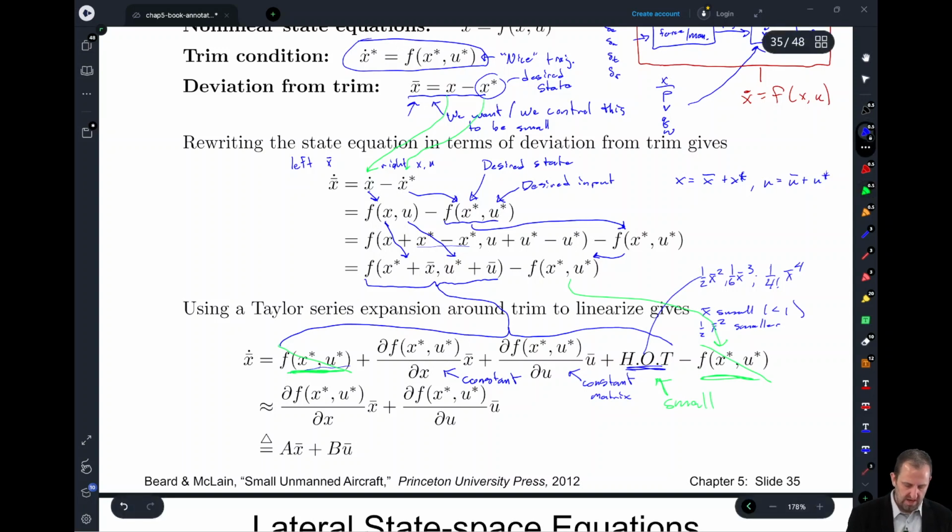So we end up getting that x bar dot is approximately equal to the partial of f with respect to x, again evaluated at our nominal trajectory, plus the partial of f with respect to u, again evaluated at the nominal trajectory, times u bar. These, again, are just constant matrices. So we get this nice form, Ax plus Bu.